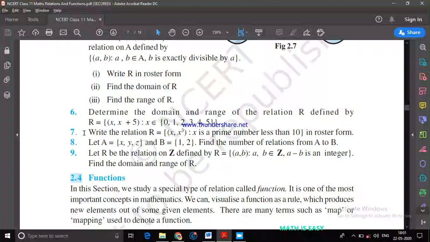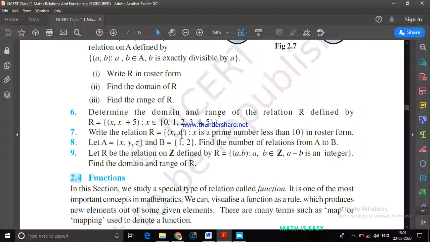Like here, they have given: write the relation R such that (x, x cube), where x is a prime number less than 10. So what are the prime numbers less than 10? 2. So here 2 comma 2 cube. 2 cube is 8. So the first element is 2 comma 8. Then the next prime number is 3: 3 comma 3 cube, that is 3 comma 27. Then 5 comma 5 cube, which is 5 comma 125.